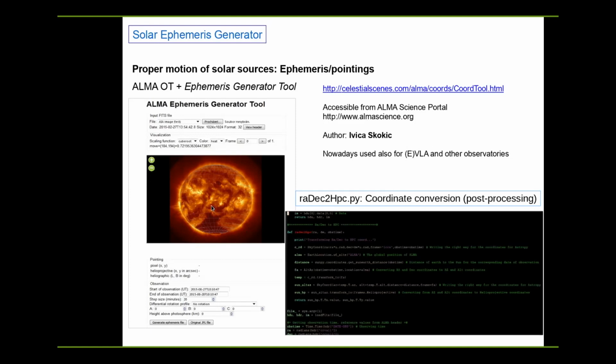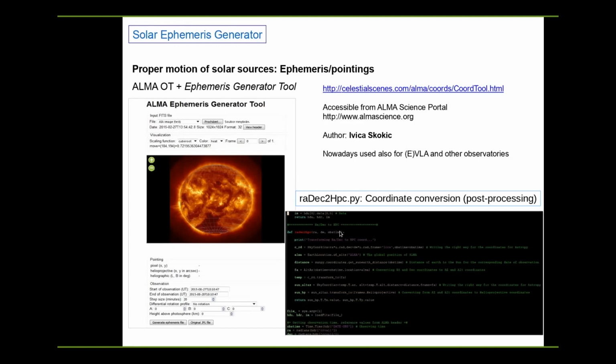So Ivica Skokic implemented the so-called ephemeris tool. You select a region at the sun and press a button, and it automatically calculates right ascension declination as it will evolve with time for the next 2 days with 15-minute cadence. And this you submit to the ALMA observing software, and it is attached to your measurement set.